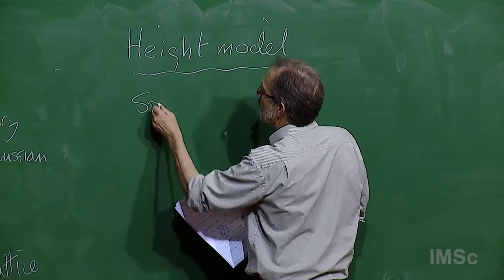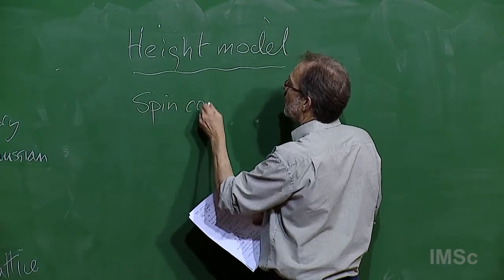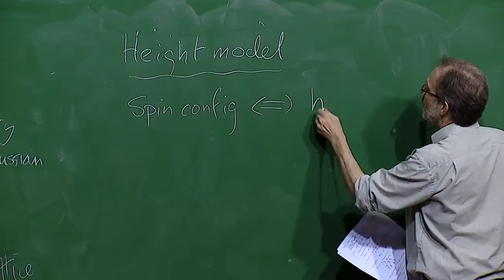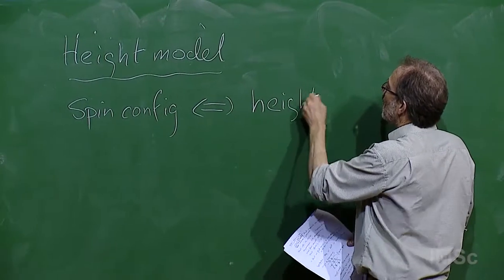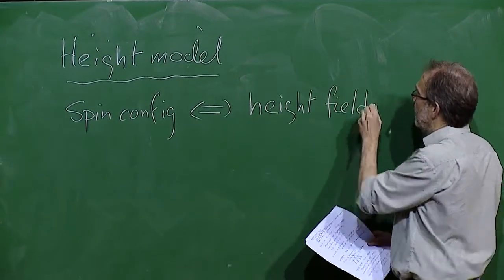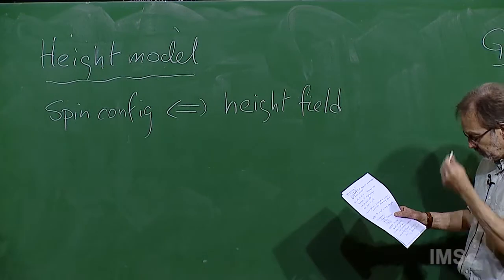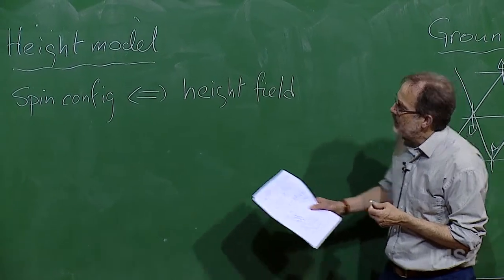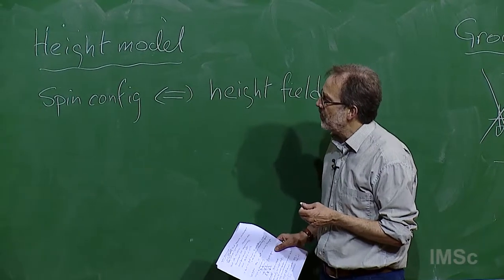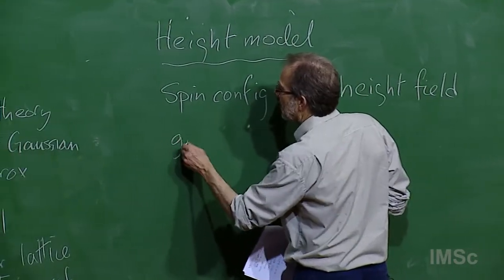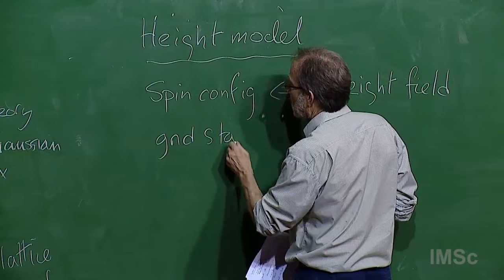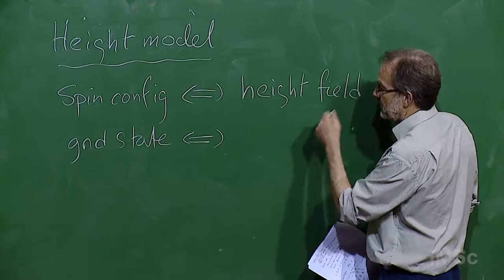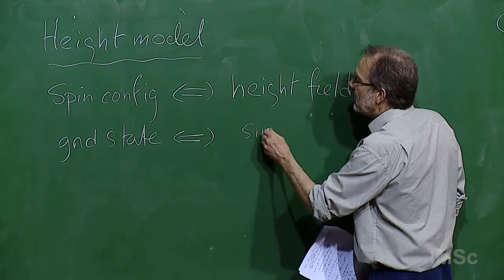So the basic idea is that we can go from a spin configuration to a height field, and the condition that the spins are in a ground state is the same thing as saying that this height field, which I'll define in a moment, is single valued.